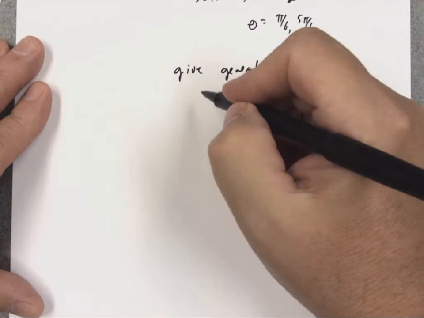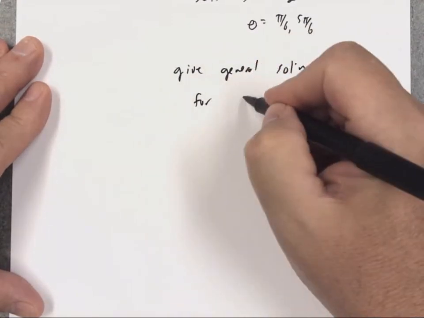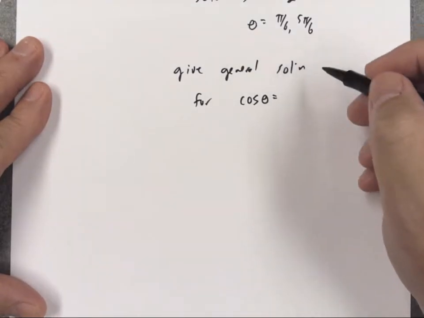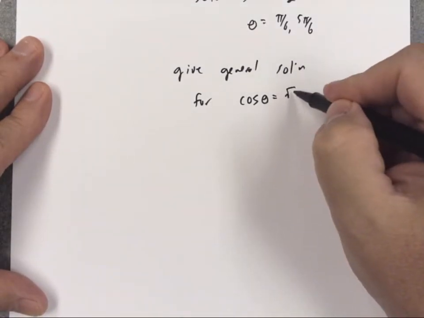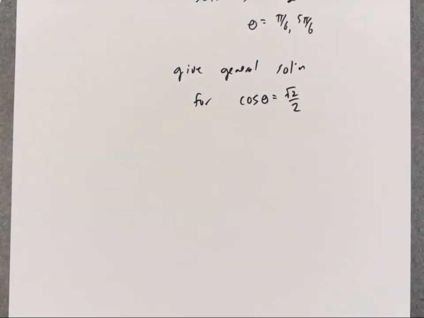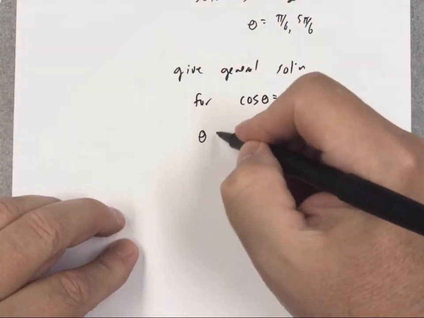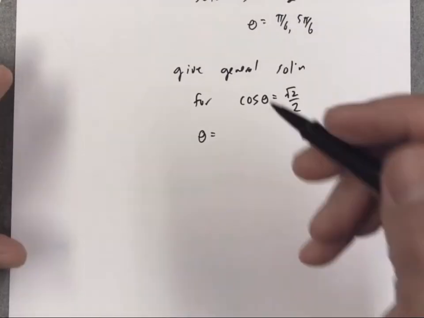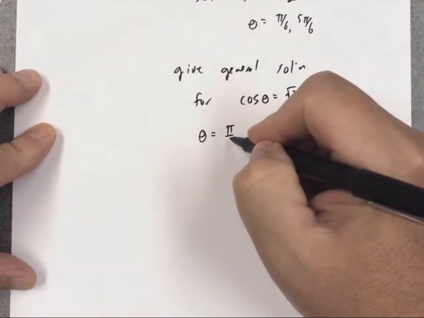And let's say, how about, give the general solution for cosine of theta equals square root of 2 over 2. What you do is you make one trip around the unit circle and figure out which angles does a cosine equal square root of 2 over 2. The first one you come across is pi over 4.